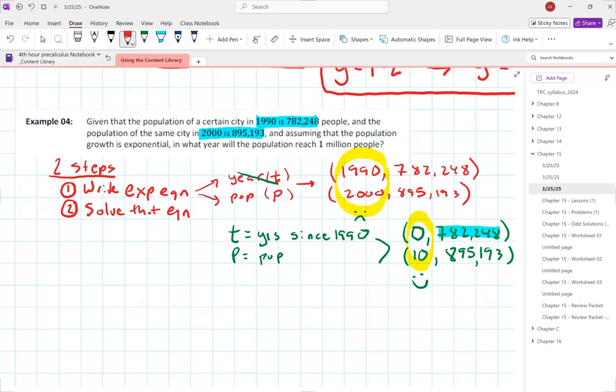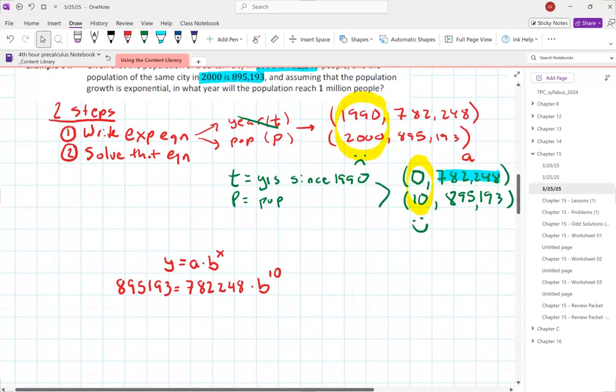So because that value, x coordinate is 0, I know that its y coordinate is just going to be my value for a. So if I use the other point, and I fill this in, I know the a and I know an x and y, so that gives me an equation I can use to solve for b.